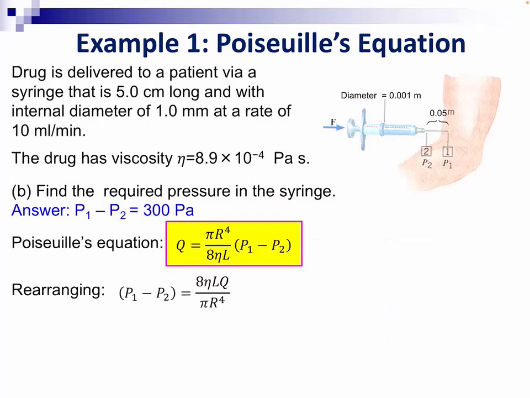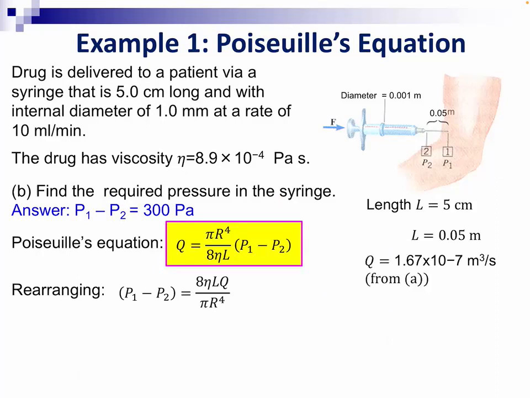So you rearrange your equation and you actually have everything because the problem gives you the length. You need to convert that to meters. You've solved for the flow rate Q. The viscosity was given in the previous slide. And the radius, R, you can get from the diameter.